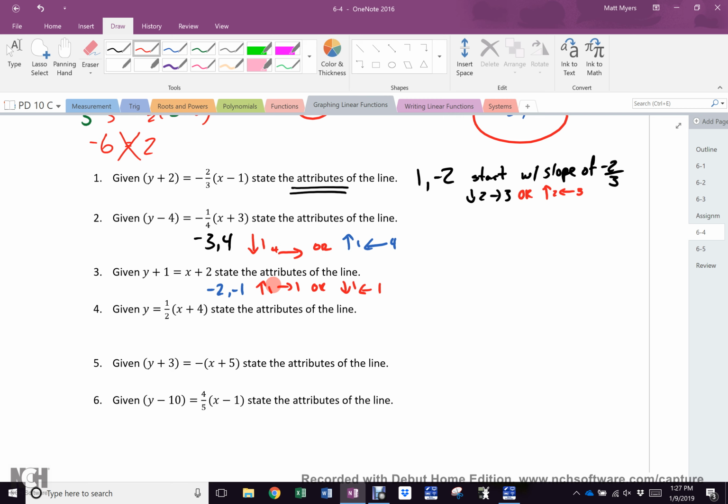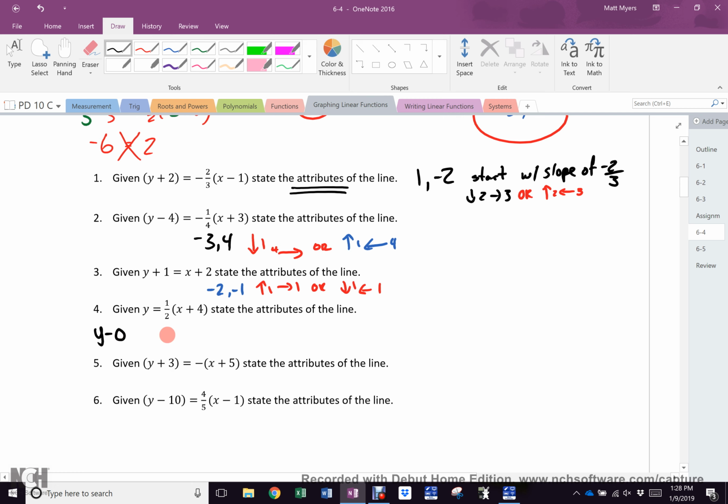What's weird about 4? There's no y number. What is the number that when subtracted doesn't change your value? 0. So this would really be y minus 0, wouldn't it?